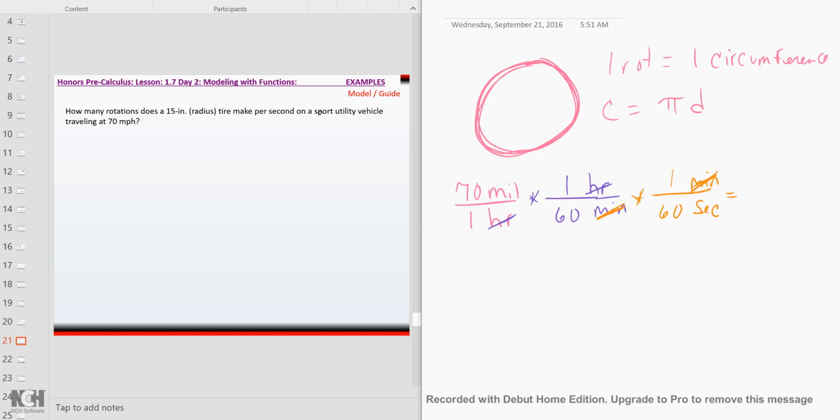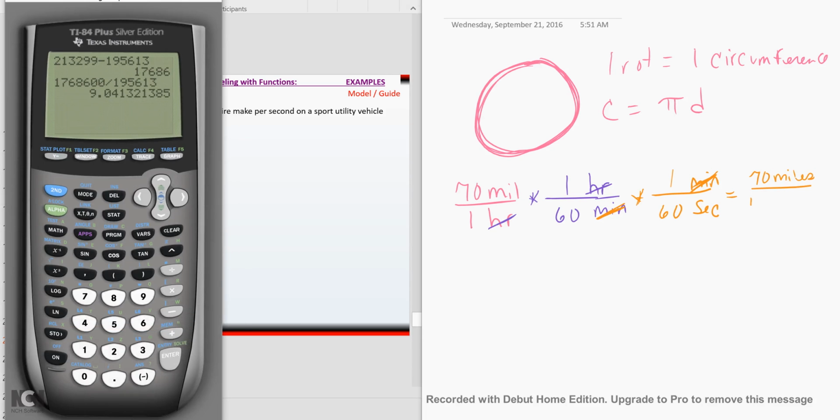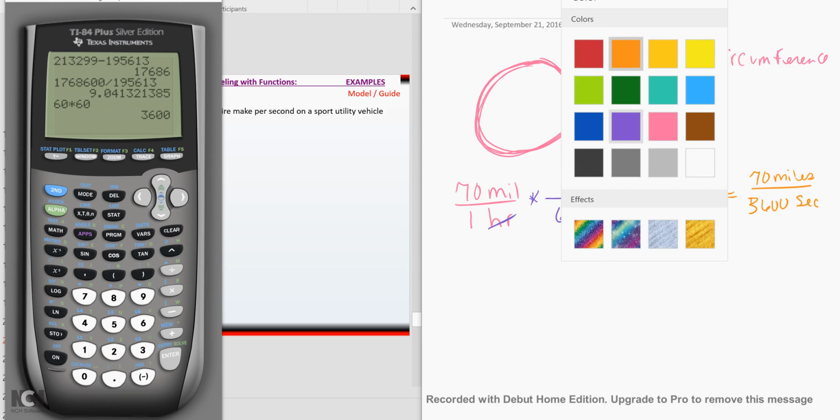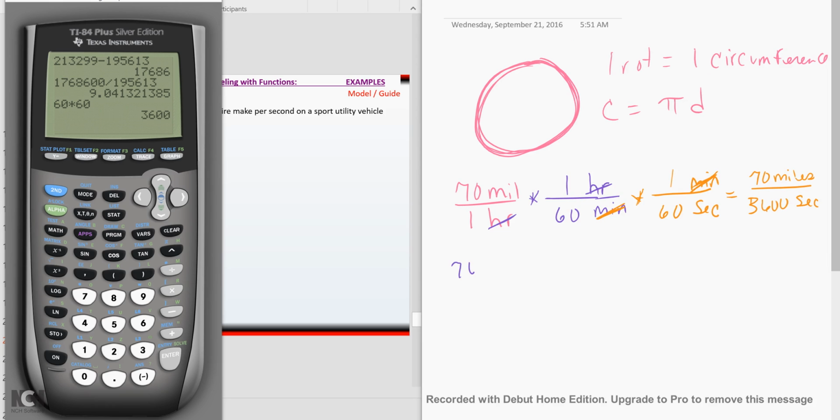If I simplify what I have, that's going to give me 70 miles over 1 times 60 times 60, which is 3,600 seconds. So now I've got the time right. I'm at 70 miles per 3,600 seconds.